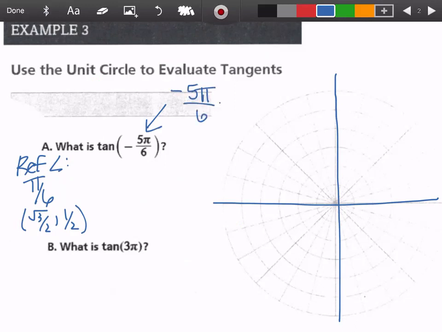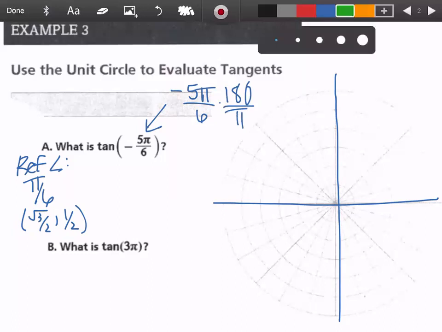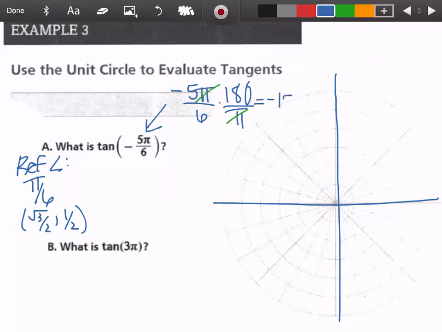People are used to degrees, so sometimes that's the go-to method here, but either one works. So negative 5 pi over 6 times 180 over pi, the pi's cancel, and that's going to equal negative 150 degrees. That allows us to see that negative 150 degrees is in quadrant 3.